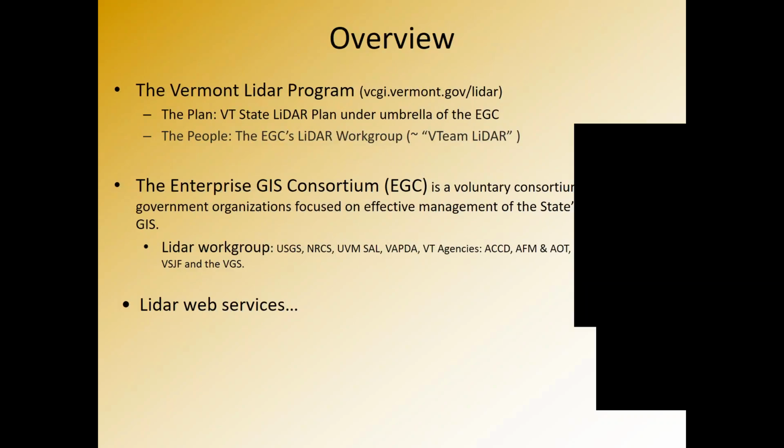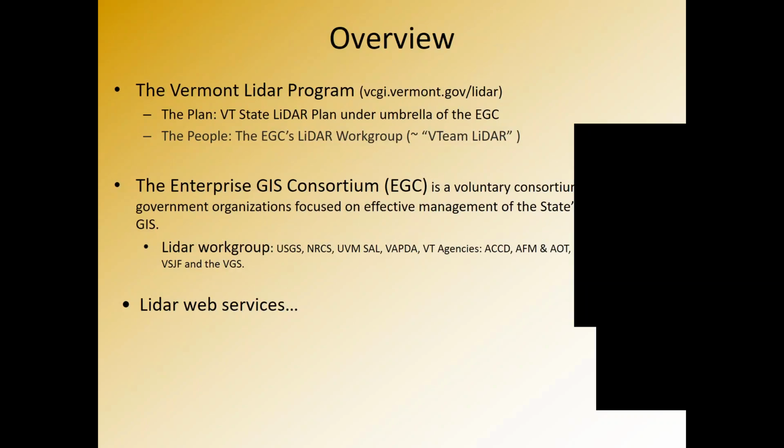So as I always do, real quick overview on what the Vermont Lidar program entails. It's a state plan under the umbrella of the Enterprise GIS Consortium, which is an umbrella of different state GIS-related departments and agencies to coordinate on all things GIS.